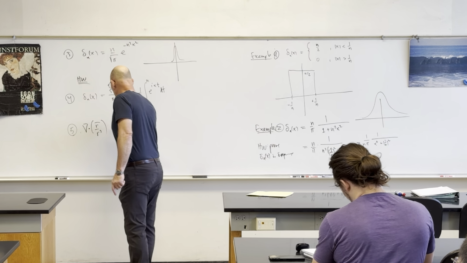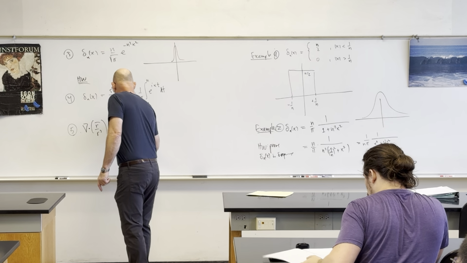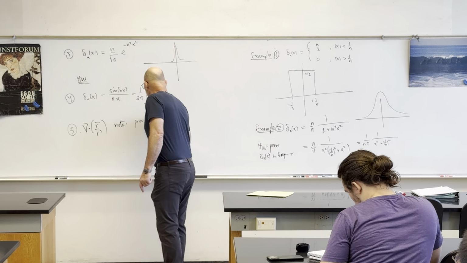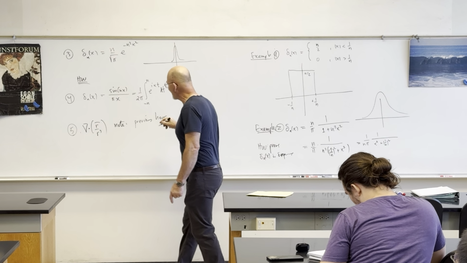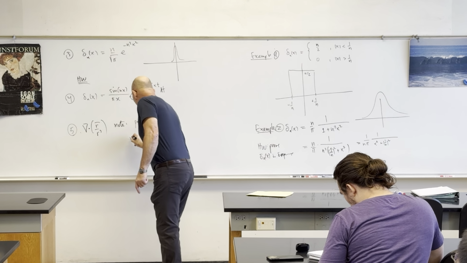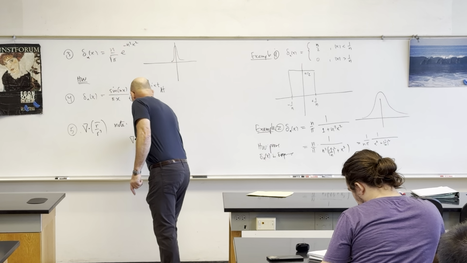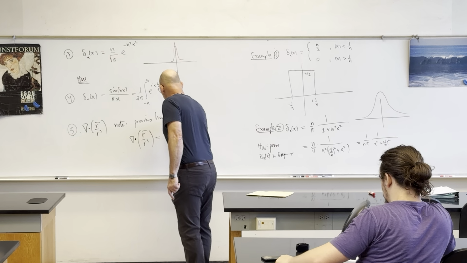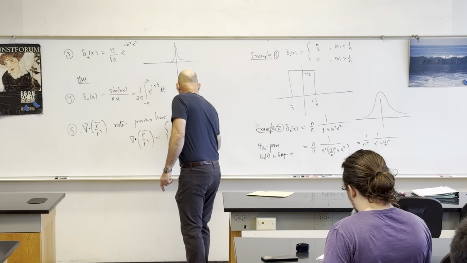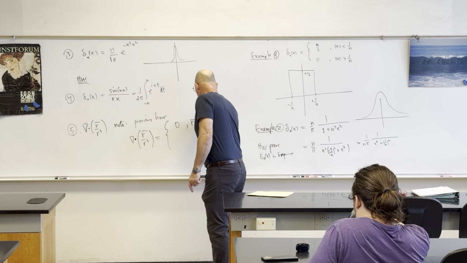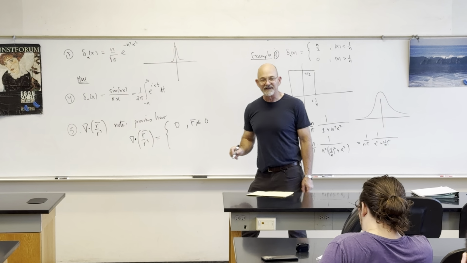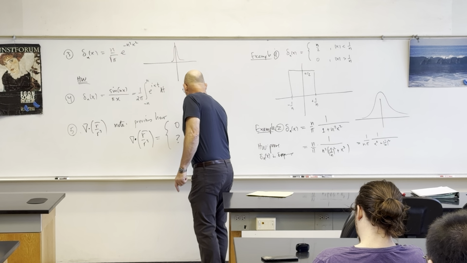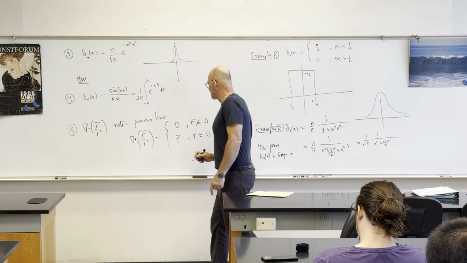So in the previous hour we had this: the divergence of r over r cubed equals 0 for r not equal to 0. It has that delta function property, and it equals question mark for r equals 0.